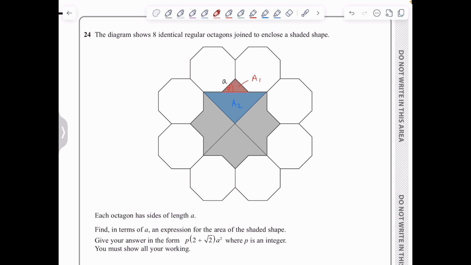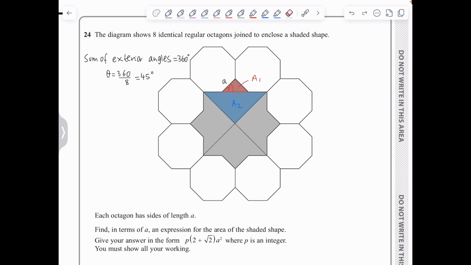Well, we know that the sum of the exterior angles is 360 degrees for any polygon. In this case, we're looking at a regular octagon, so theta is going to be 360 divided by 8, which gives an answer of 45 degrees.